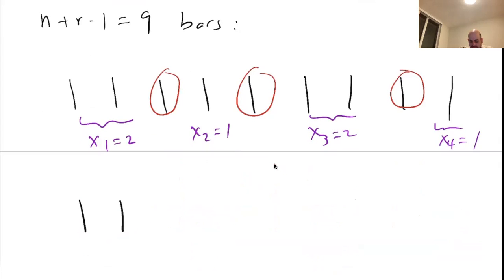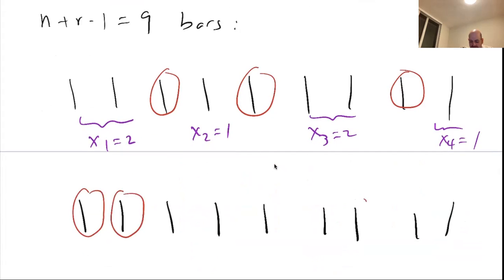Let's say again, I draw these same 9 bars, but this time I choose another 3 bars and circle them with red. Let's say I choose these 3 bars this time. Then this corresponds to another solution of my equation. How so?